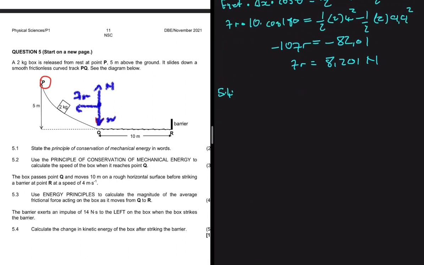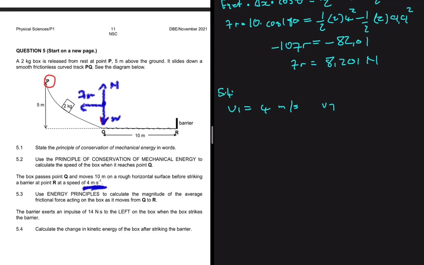So VI is the velocity at which the box strikes the barrier. It strikes the barrier at a velocity of 4 meters per second. We have that in 5.3, it's right here. So we need VF, the velocity immediately after striking the barrier.